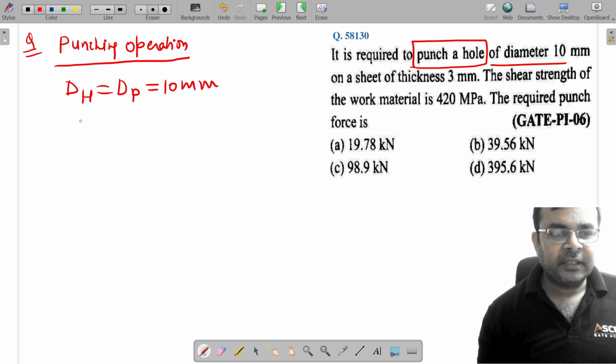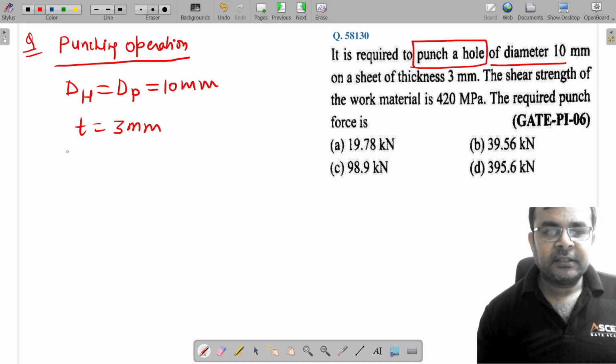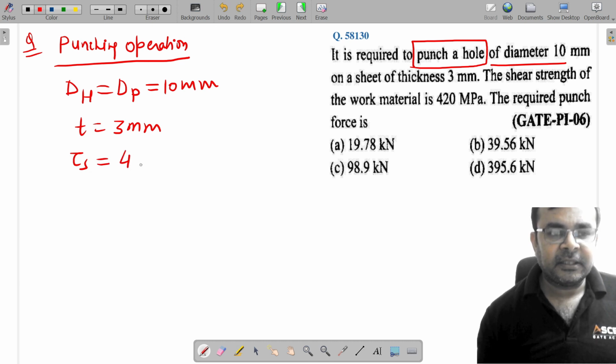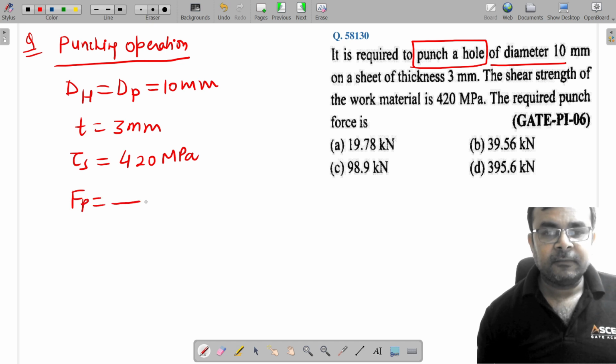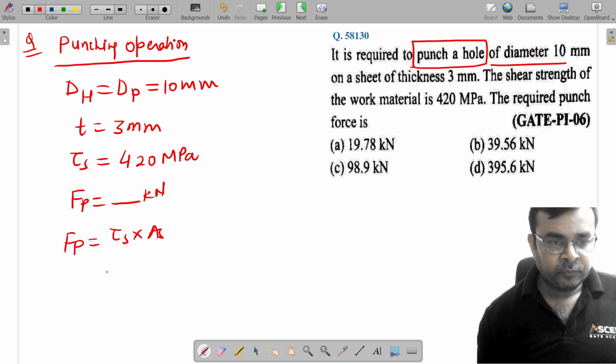On the sheet of thickness 3 millimeter, the shear strength of the material is already given here, that is 420 megapascal. The required punching force, actually we need to calculate here punching force in kilonewton, correct? So the punching force is nothing but shear strength into punch shear area, correct?